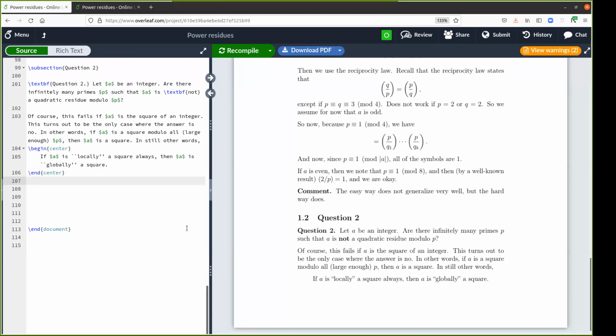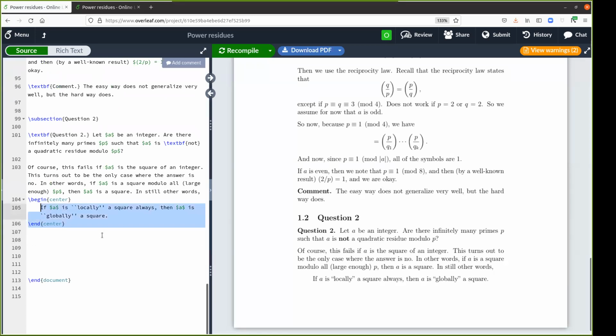This doesn't really help us with proving the result, but I like to think of the results this way because local-global phenomena arise quite often in number theory. So I think you can choose the largest number k such that for all p greater than k, A is not a quadratic residue modulo p, and then try to get some contradiction using this idea.